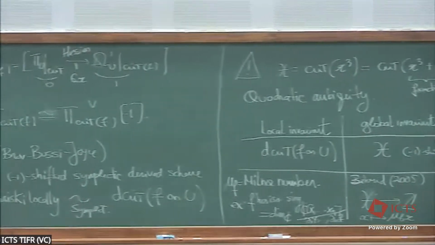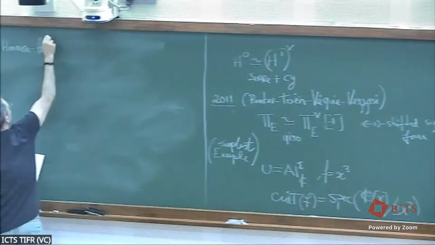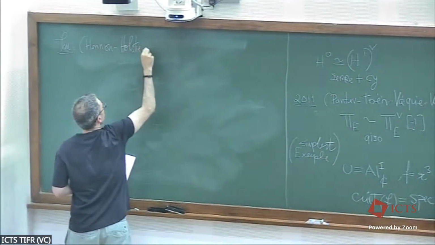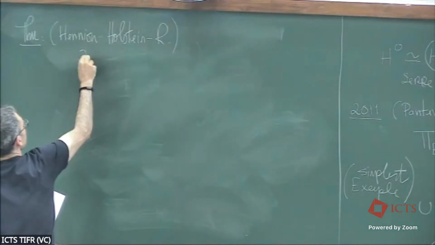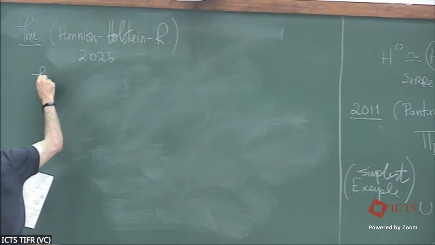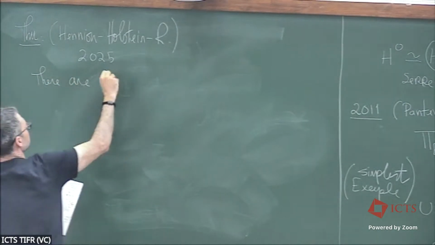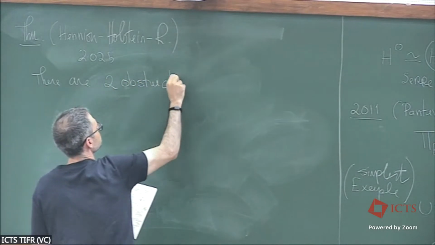So this is around 2025. That there are two obstruction classes.